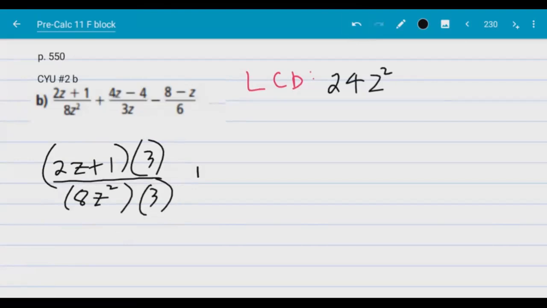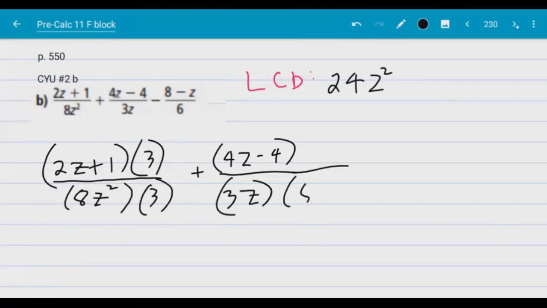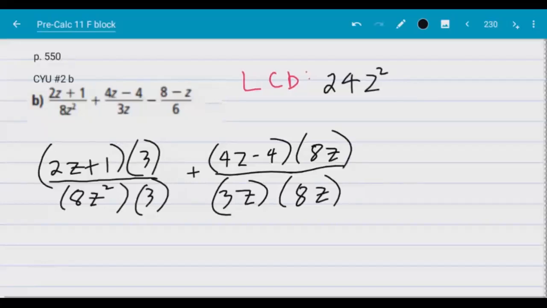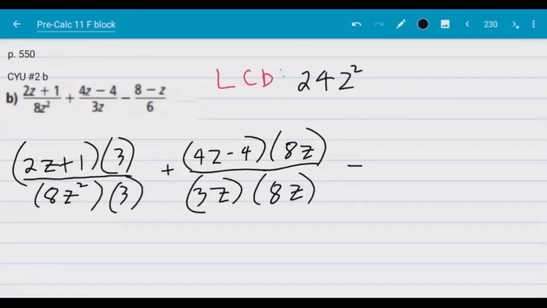Plus 4z minus 4 over 3z. How do I turn the 3z into 24z squared? I think I have to multiply it by 8z, which means the top has to be multiplied by 8z too. Minus 8 minus z, with the denominator just a 6.